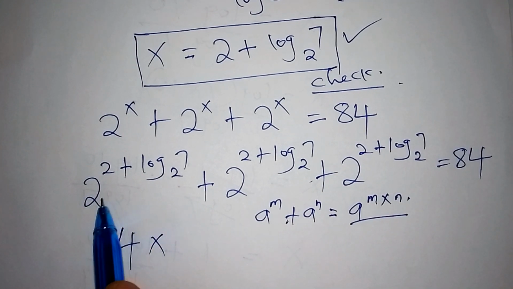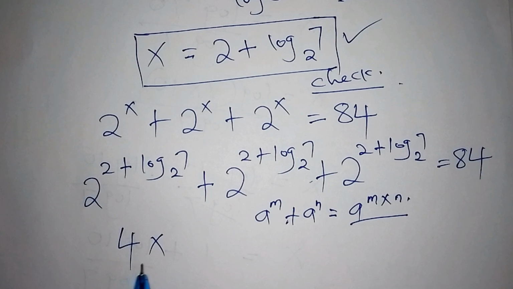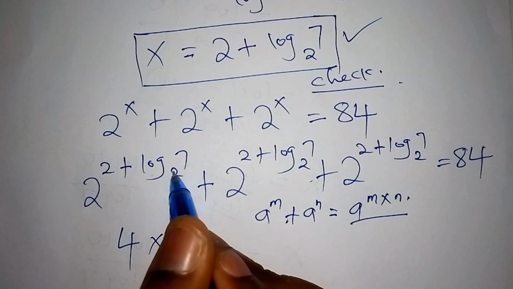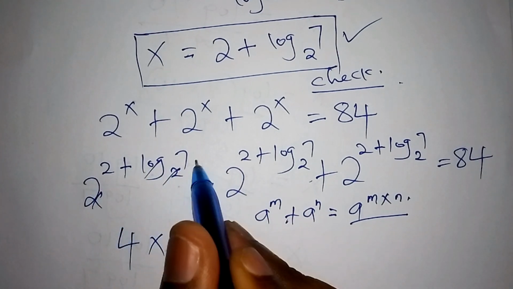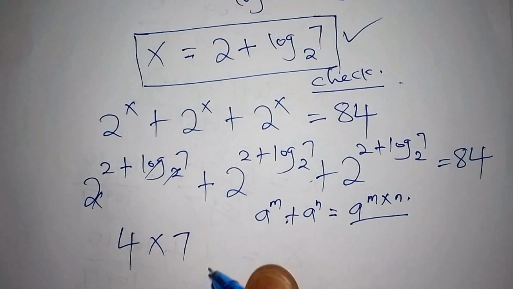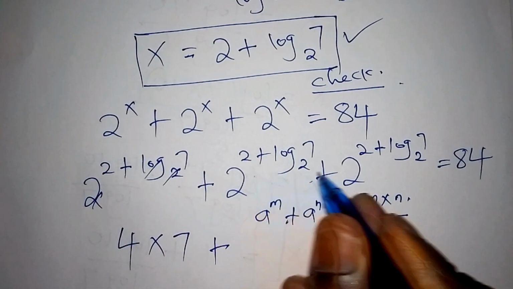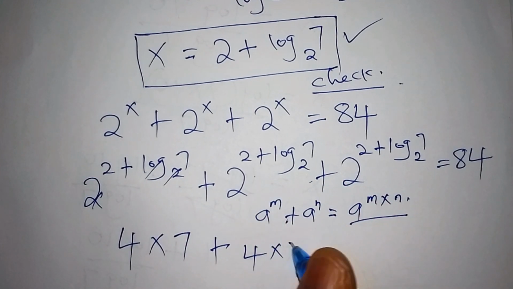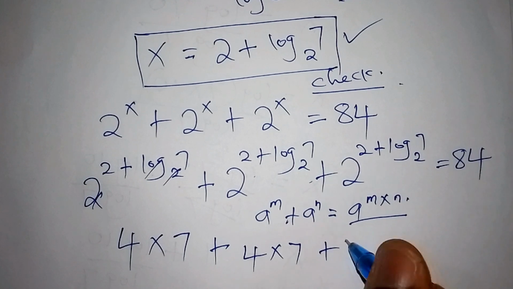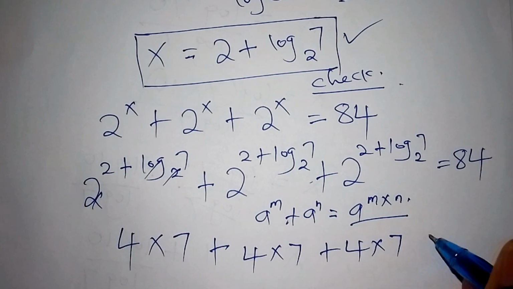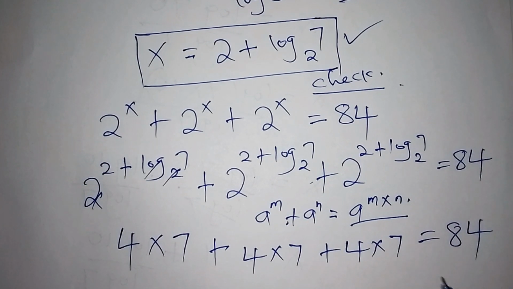So here now we shall have 2 to the power of 2, that is 4, times. So the 2 and 2 with the log shall cancel, so now we shall have 7, then plus this side also 4 multiplied by 7, plus this side also 4 multiplied by 7, is equal to 84.